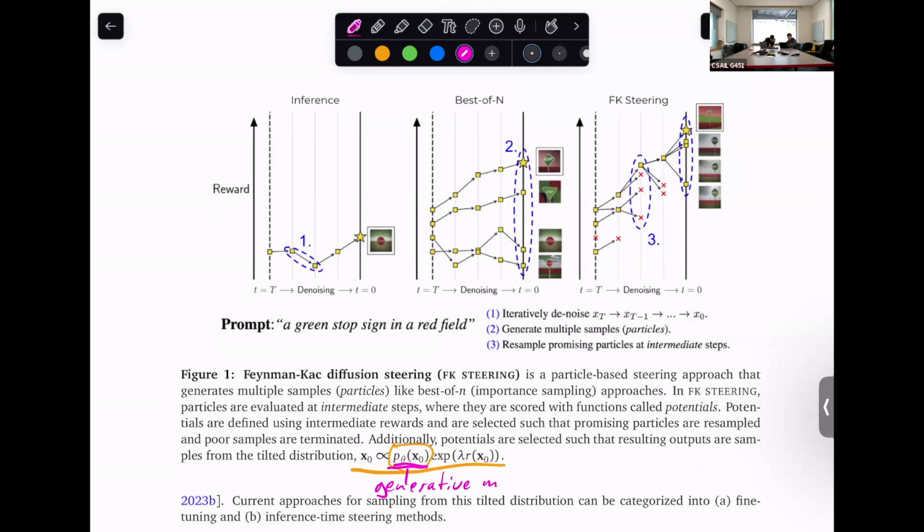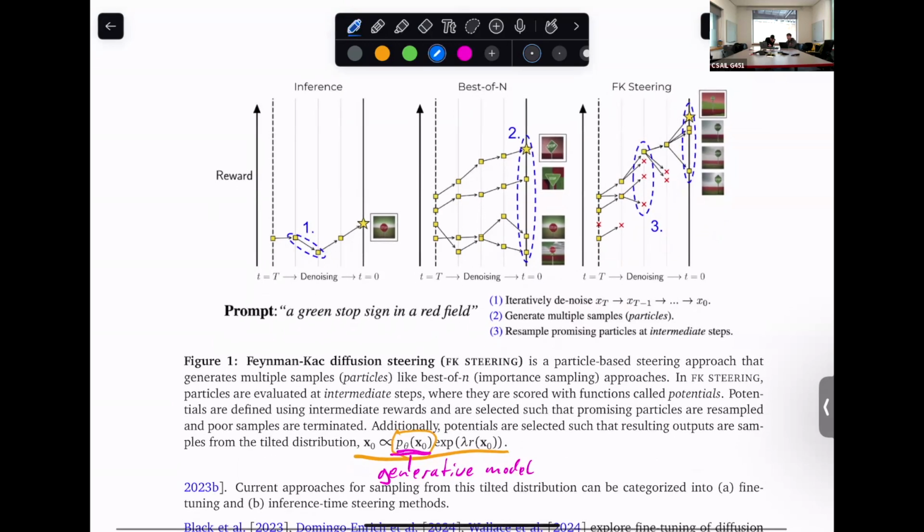And the whole point is that I want to be able to inject signal about this reward function at inference time without tuning or training my model in any way, hence inference-time steering. And so basically this paper is presenting a way of doing that using techniques from sequential Monte Carlo-esque stuff.